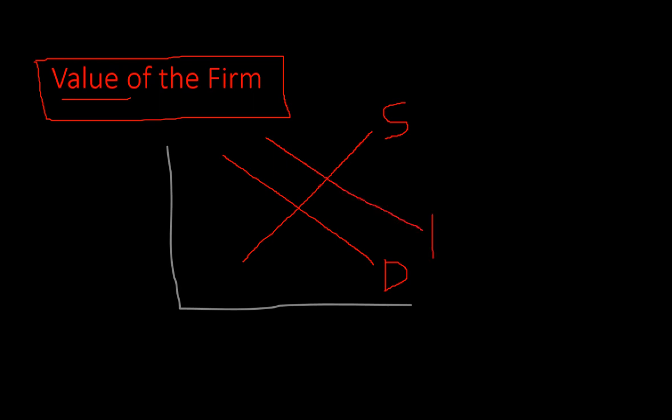Investors will want to invest in that company. Because of that, there will be a shift in the demand. This one is your equilibrium price or the fair market value. If there is a shift in the demand, we expect that the price of this commodity or this stock will also go up.